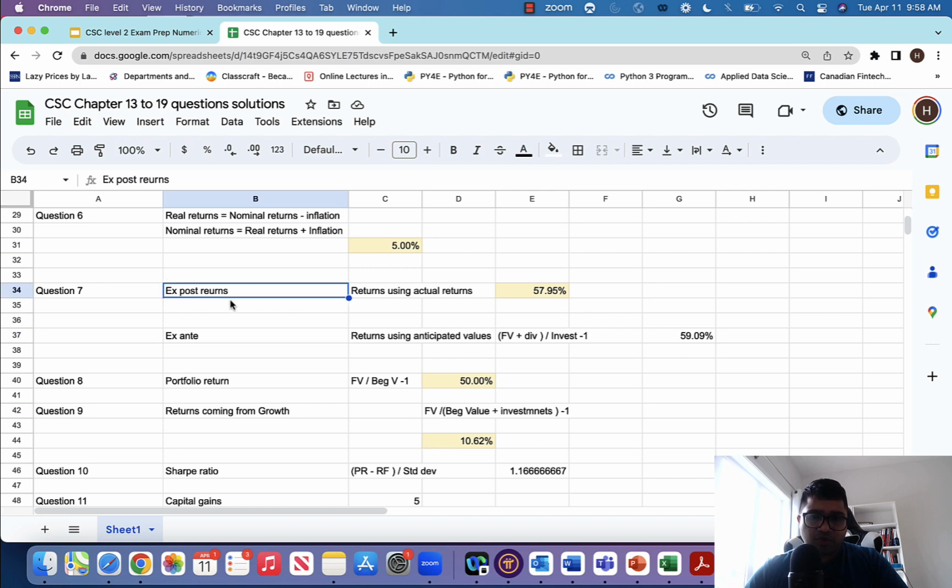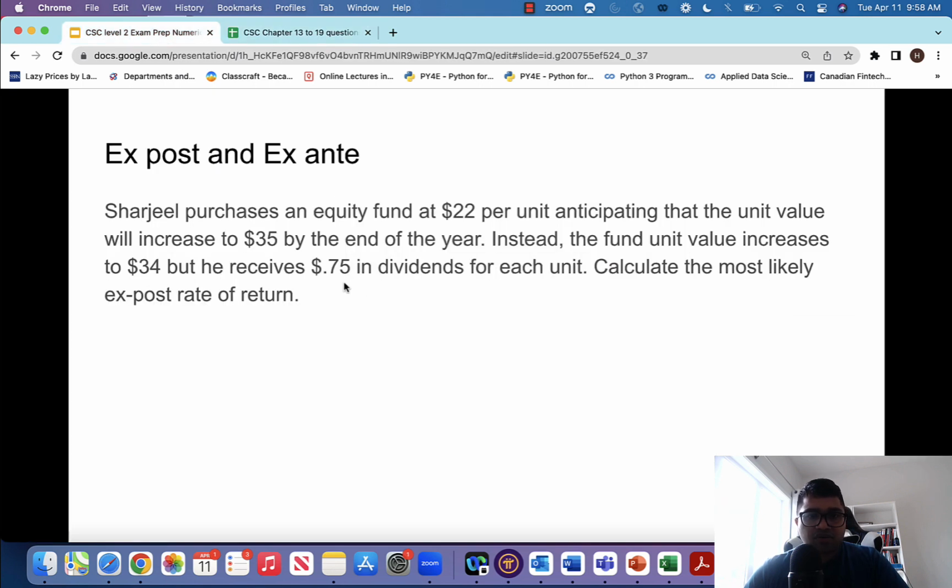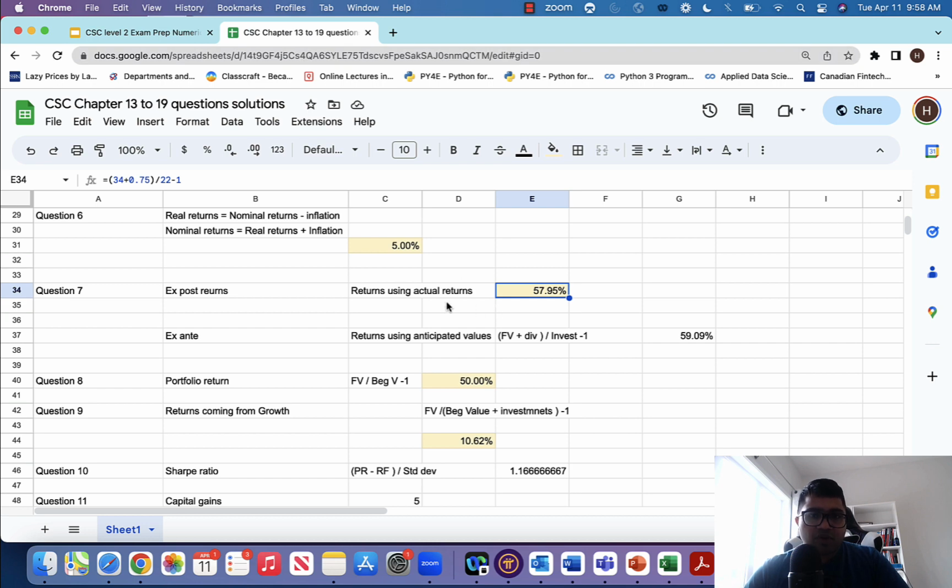So what's the difference? Ex post returns are returns using actual numbers, or actual returns. So how do you calculate that? The stock goes to $34, right? He invested at $22 and he receives a dividend of 0.75. So the formula, as we discussed, is the selling price or the current price 34 plus dividend 0.75, divided by invested amount 22, minus 1.